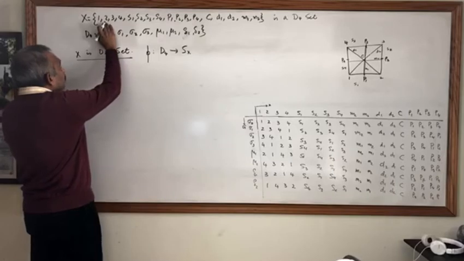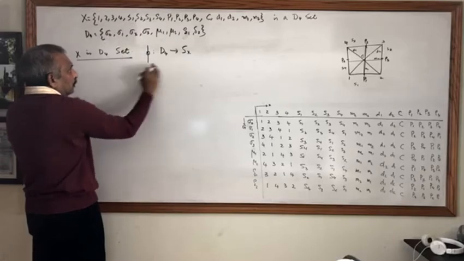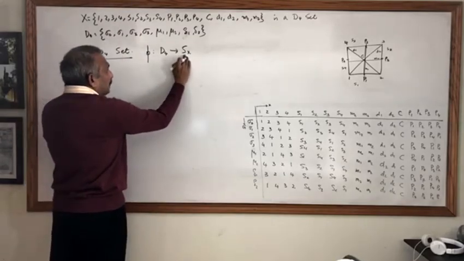There are several permutations on X. We have 17 elements, so we are looking for all the permutations in Sx.